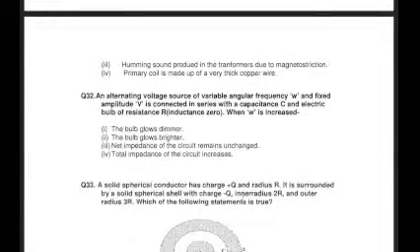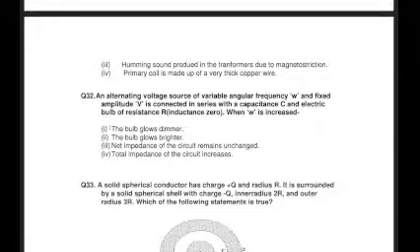Question number 32. An alternating voltage source of variable angular frequency ω and a fixed amplitude V is connected in series with a capacitance C and an electric bulb of resistance R. Inductance is 0. When ω is increased: 1.